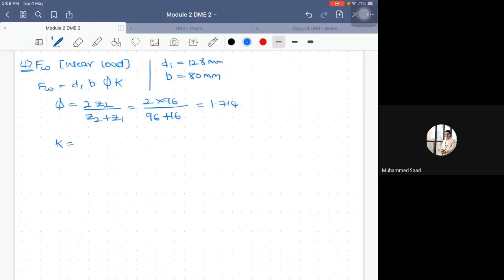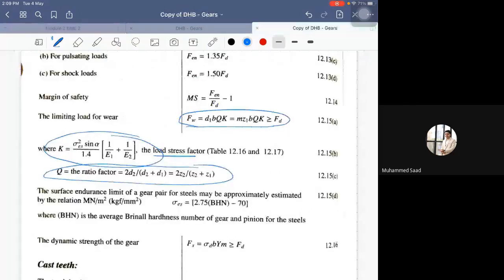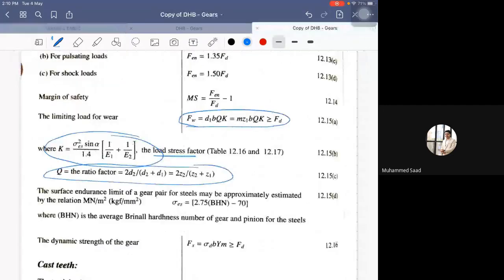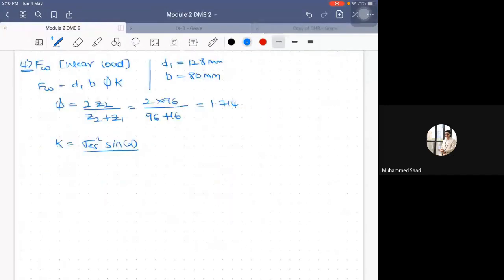I'll just write it: sigma es square sine alpha divided by 1.4 into 1 by E1 plus 1 by E2.